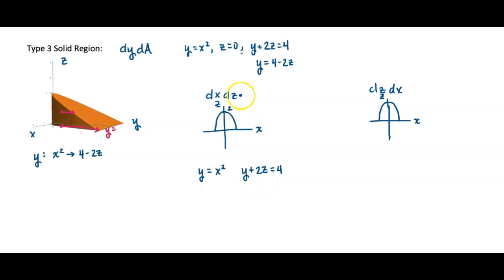Because we're just looking at the xz coordinate plane here, we want y out of the picture. We want to say that this is true for any y value. So we are going to just plug this x squared into this second equation. So we get x squared plus 2z equals 4. And that's exactly what this curve is. This curve is x squared plus 2z equals 4.